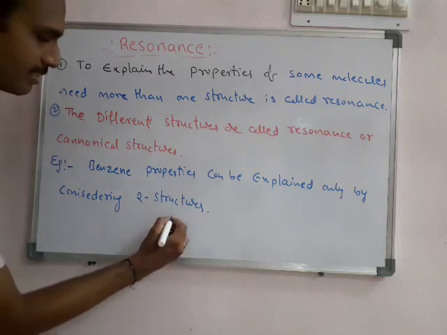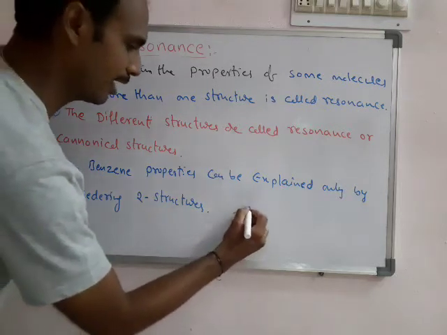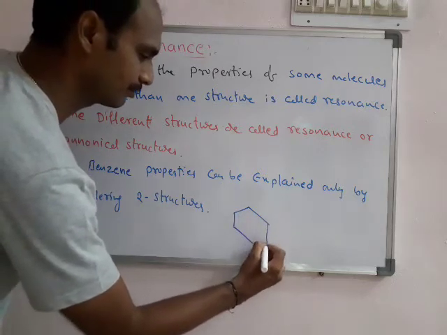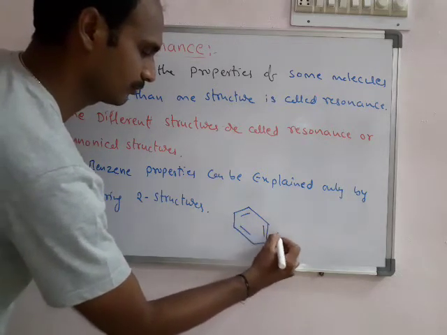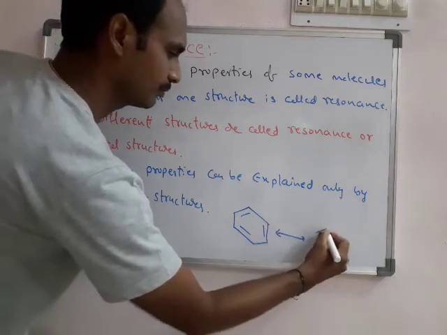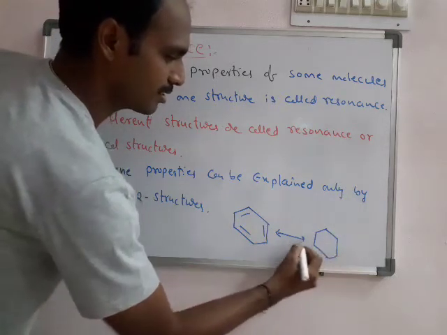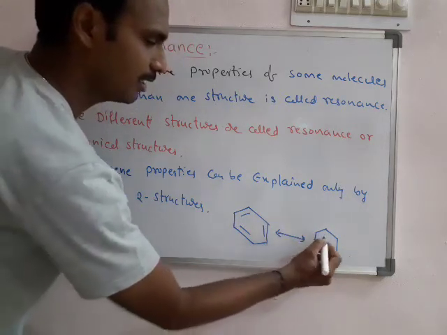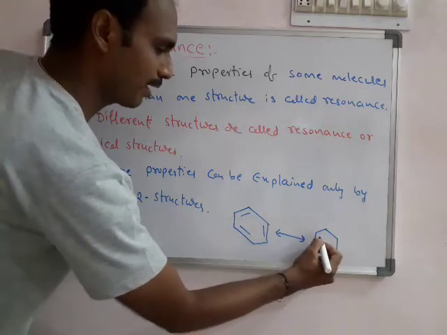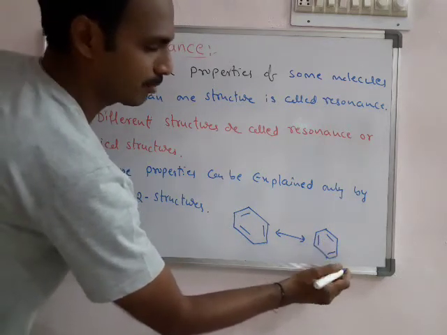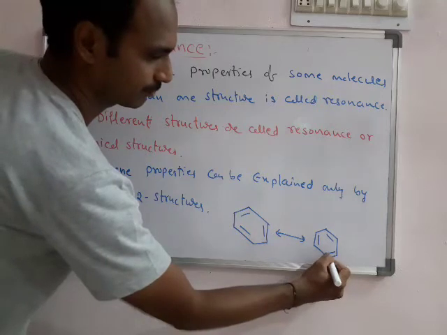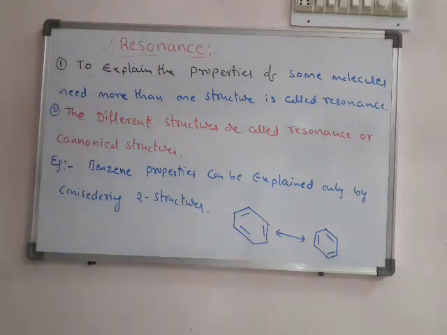They are called resonance structures. So they are like this. This is the resonance structure indicated with this type of arrow mark. Okay, so alternate double bonds. Write down.